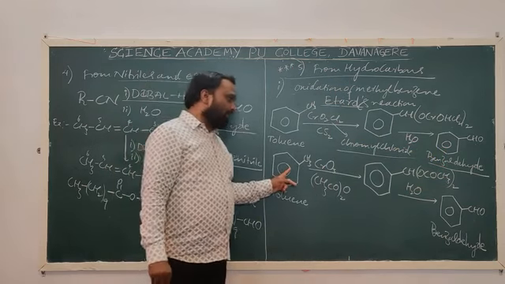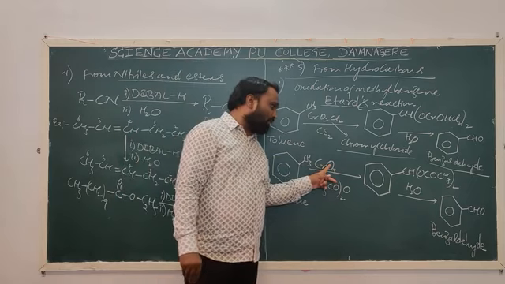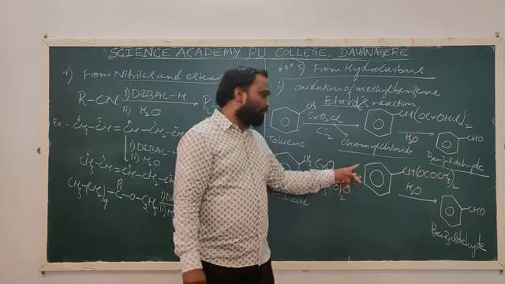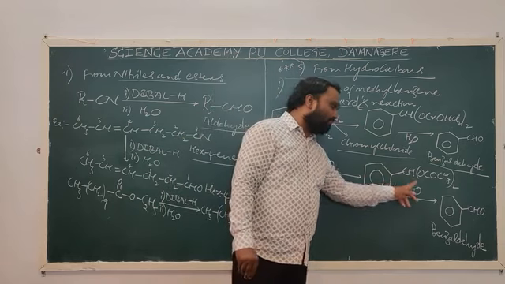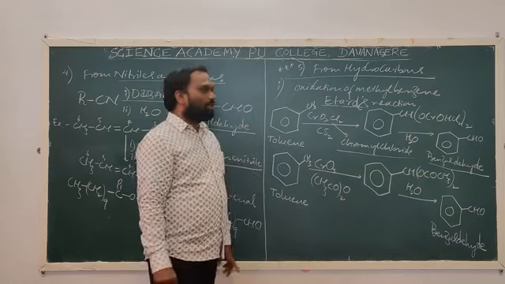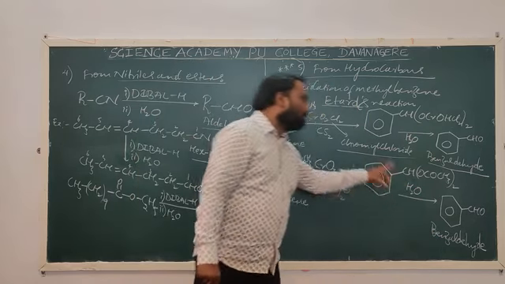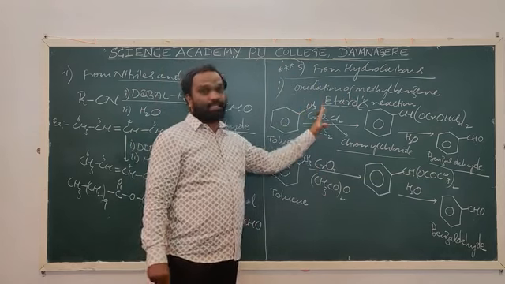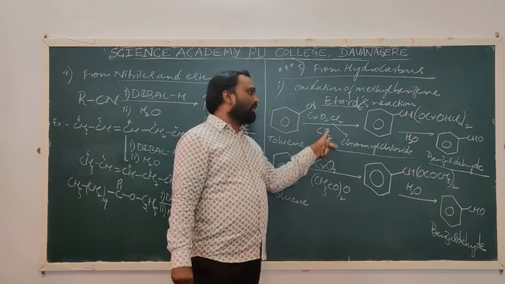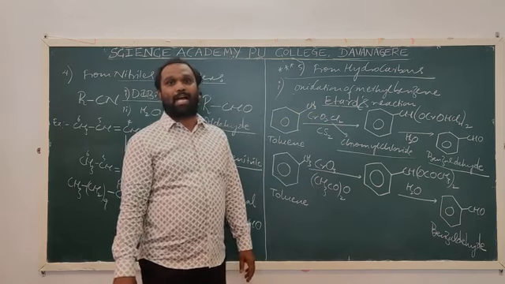Similarly, toluene undergoes oxidation in presence of CrO3 and acetic anhydride to form an intermediate which on hydrolysis gives benzaldehyde. Same reactant, same product, but the difference is the oxidizing agent. If you use chromyl chloride in presence of CS2, this reaction is called Etard's reaction.